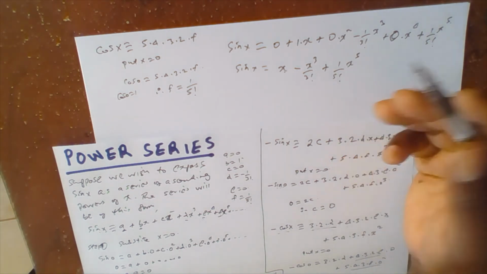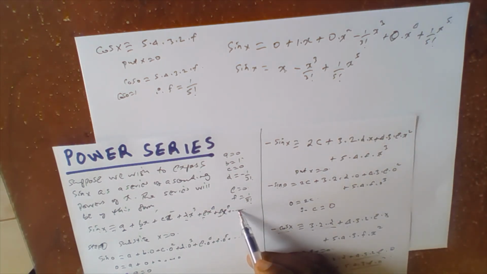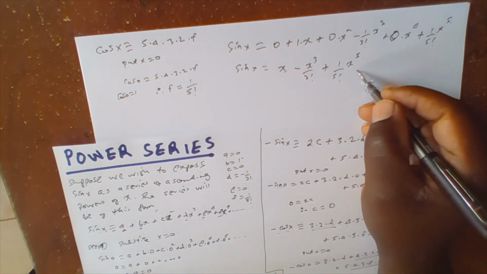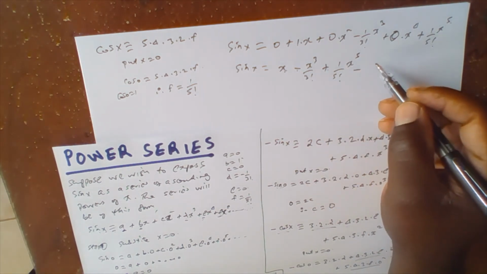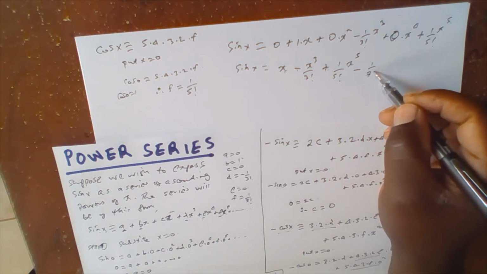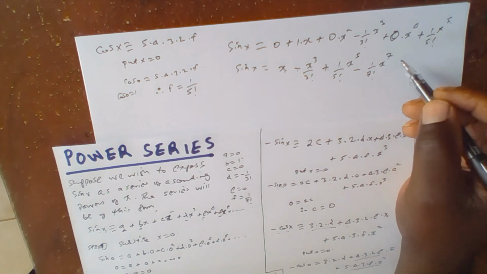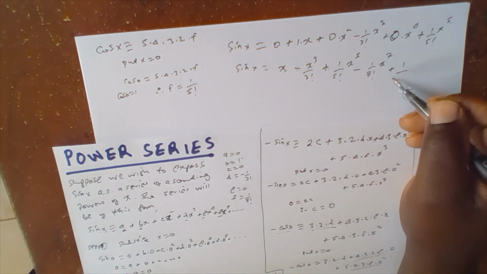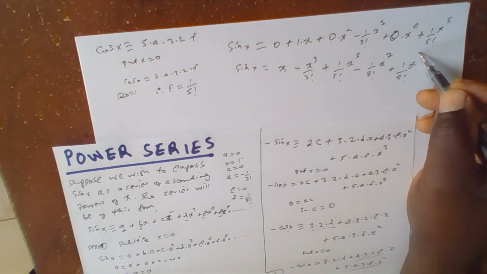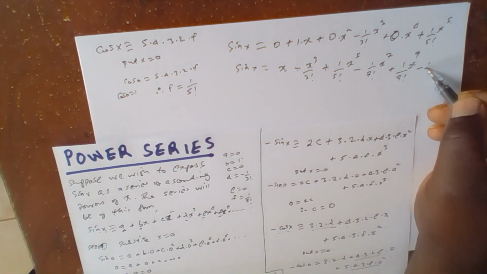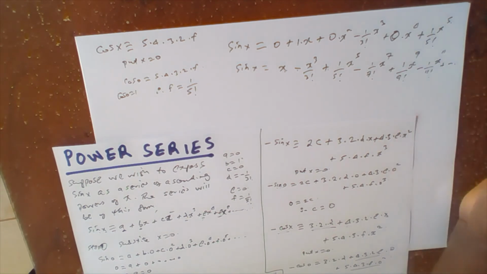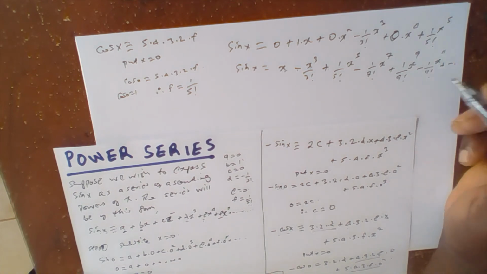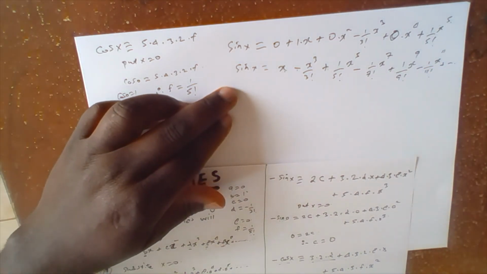So if we had continued from f with g x raised to 7 plus h x raised to 8, then the next value here, because negative, positive, will be minus 1 all over 7 factorial x raised to 7, then plus 1 over 9 factorial x raised to 9, then minus 1 all over 11 factorial x raised to 11 plus. So that will be the series for sin x.